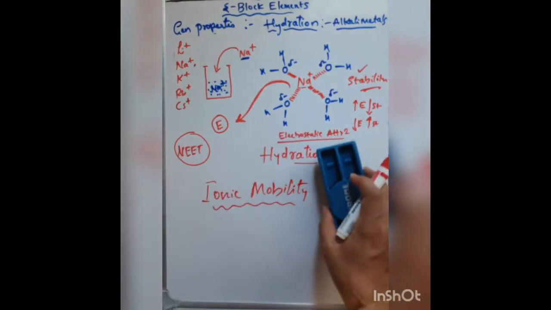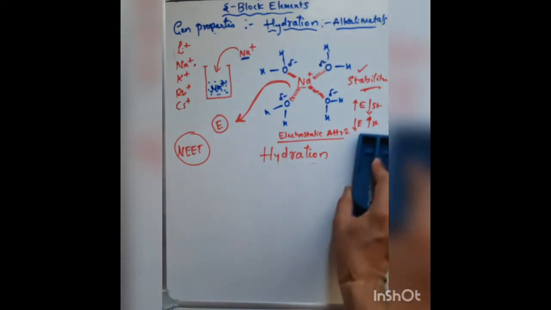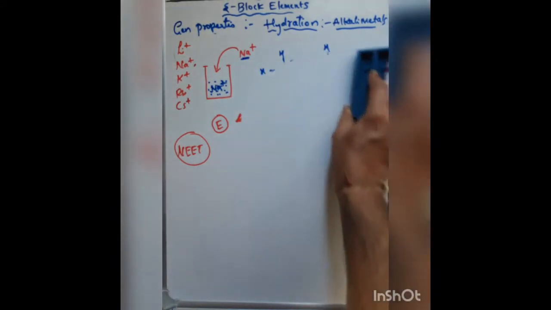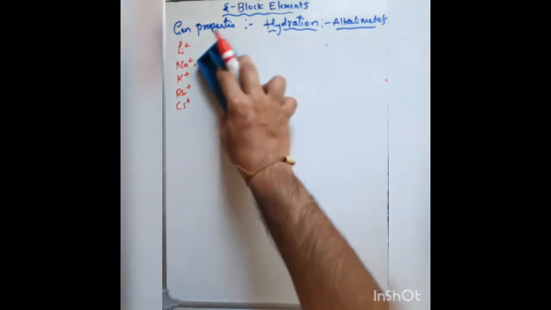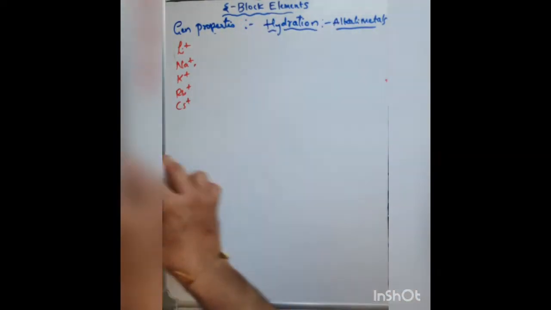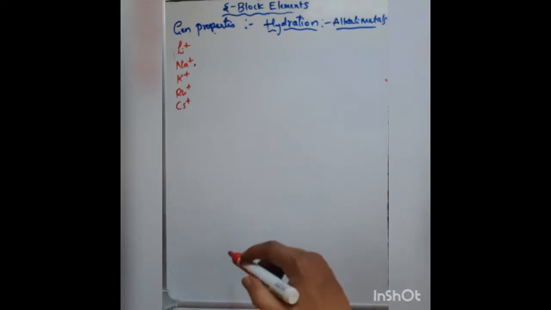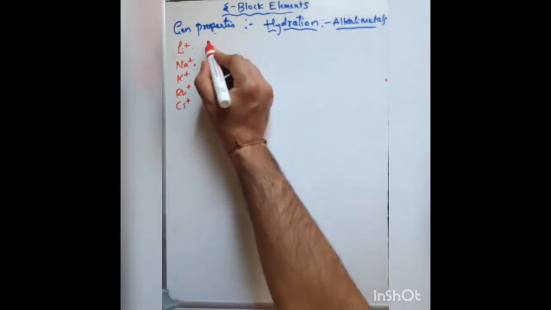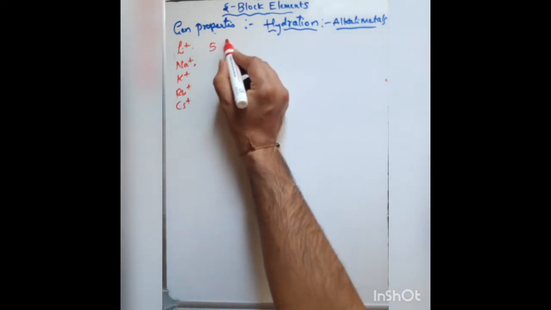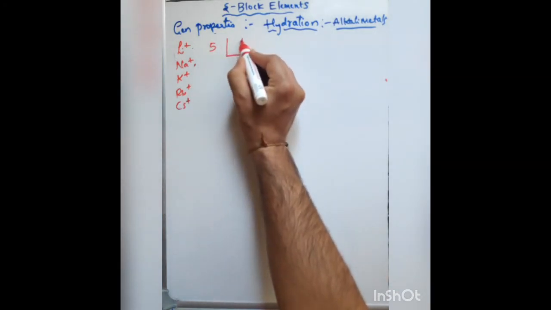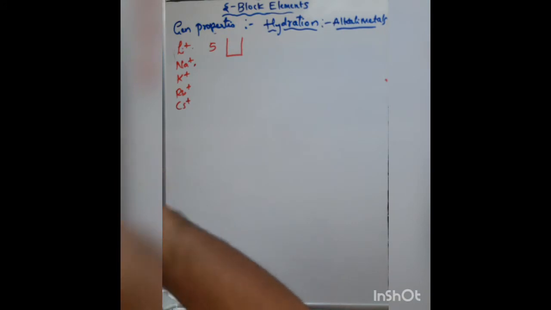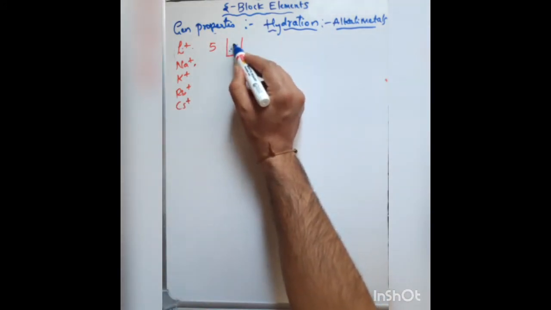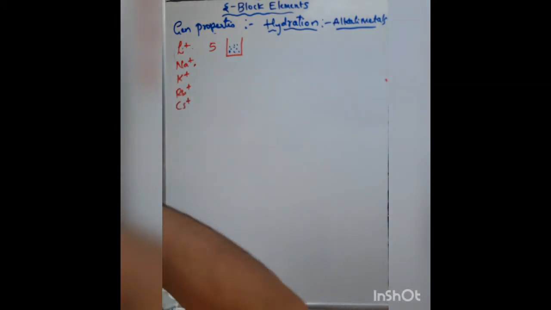But before going to ionic mobility, let me tell you one small point about hydration. Now assume that I will take 5 small beakers, and these beakers will have water.